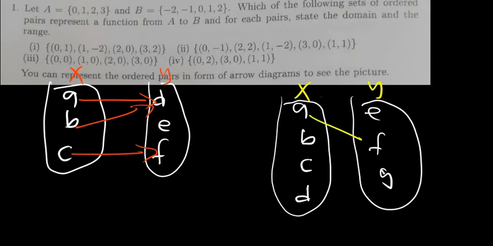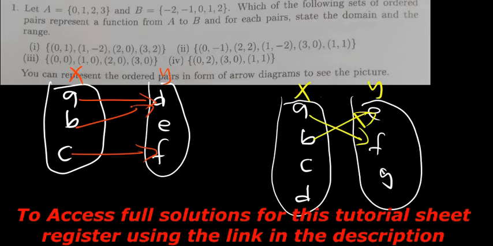This one goes there, this one goes here, and this one goes here, and the focus should just be on y. If all the members of y are mapped to at least something from x, then that's okay. Even if an x is not mapped to anything in y, that is okay. So this is a function.